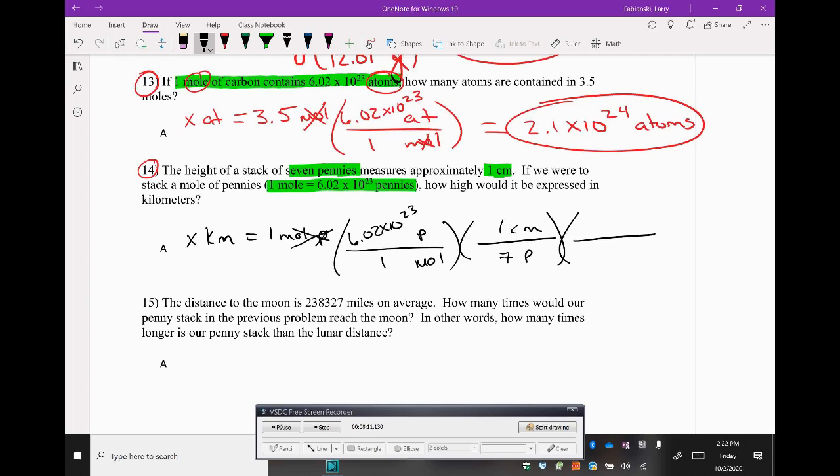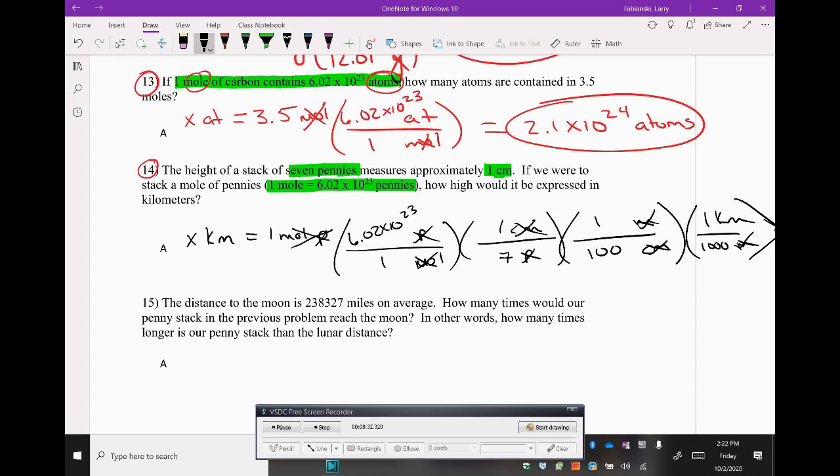Moles of pennies cancel. Pennies cancel. Centimeter on the bottom to meter. 100 centimeters to 1 meter. And then 1,000 meters to 1 kilometer.